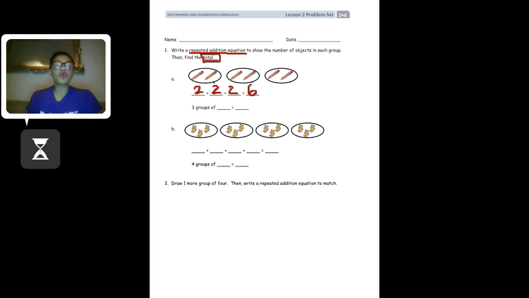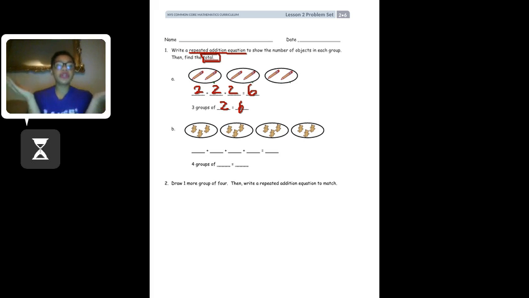So I have 3 groups of 2 pencils. So I'm going to put 2 in the blank. And now it's time to figure out what do we have in all. If I look back at my number sentence, I know that 2 plus 2 plus 2 is 6. So I know that 3 groups of 2 is 6.